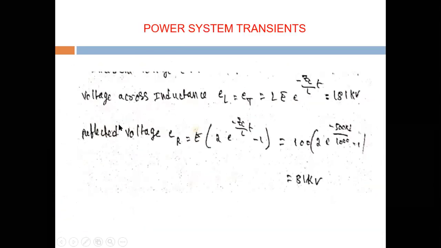Next we calculate the voltage across the inductor. We already derived the formula for the voltage across the inductance, and also the capacitance and the resistance. What is that voltage across the inductance? EL is equal to ET, the transmitted voltage.